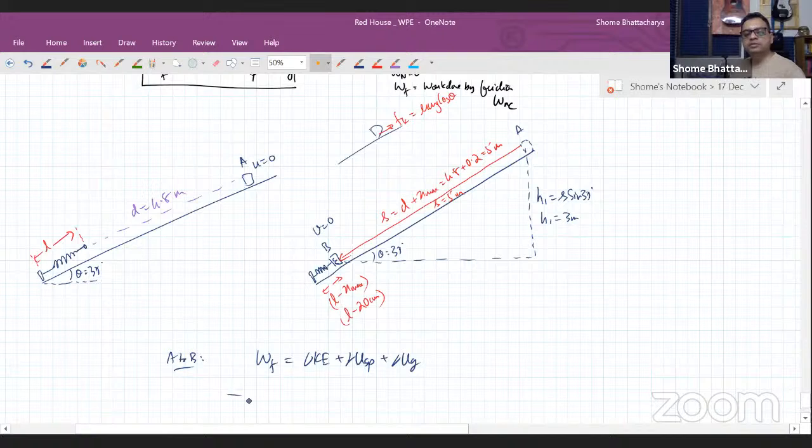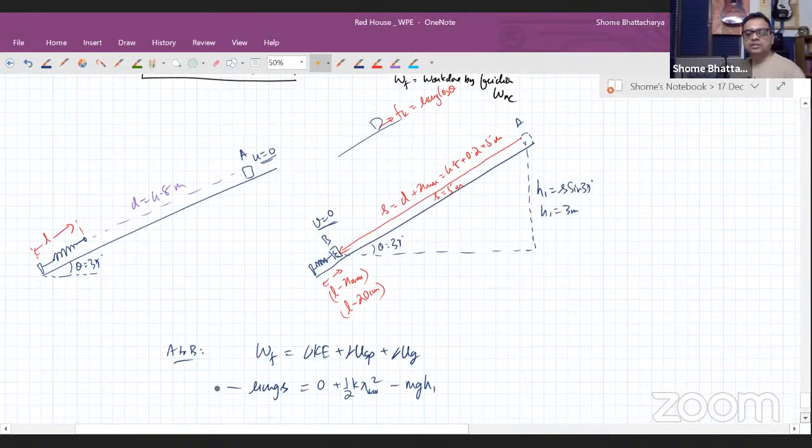Work done by friction will be minus mu mg s. Okay. Change in kinetic energy will be 0 because our V is also 0 and our initial U was also 0. Okay. Change in spring's potential energy is plus half k x max square, and change in gravitational potential energy is minus mg h1 because the vertically downward displacement is h1.